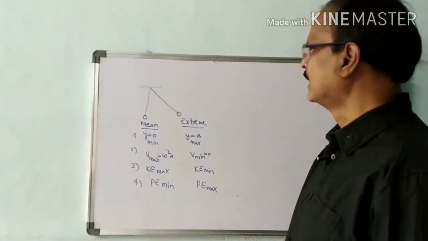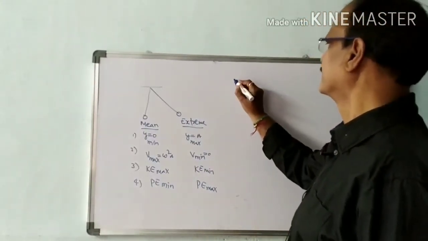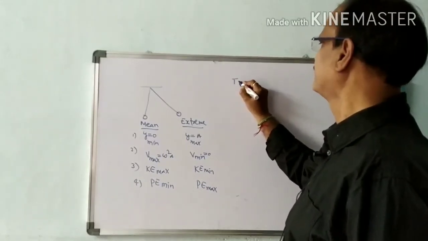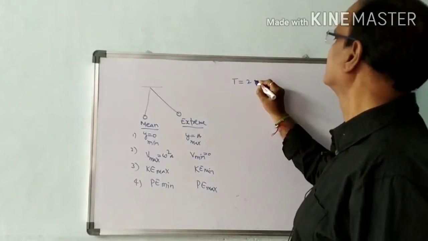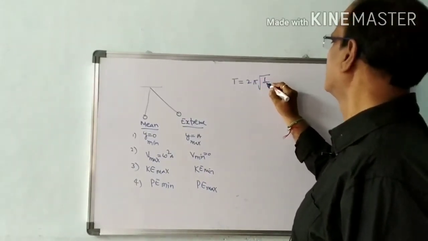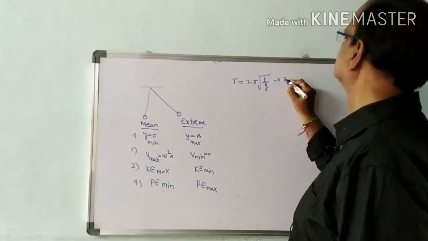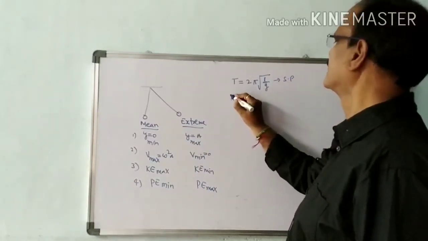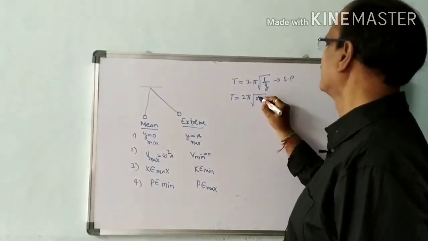Okay. And also, when we know this, we know the time period of a pendulum. Our time period is given by T is equal to 2 pi into root of L by g in case of a simple pendulum, and for a loaded spring it is given by 2 pi into root of m by k.